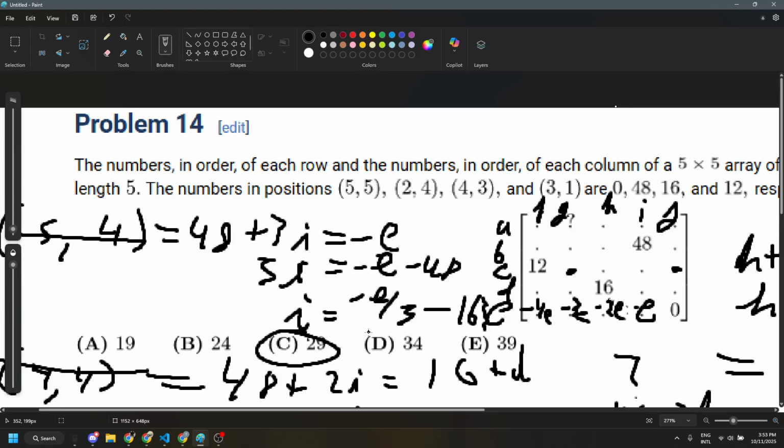I'm checking right now what the answer is. It is 29. It is 29.